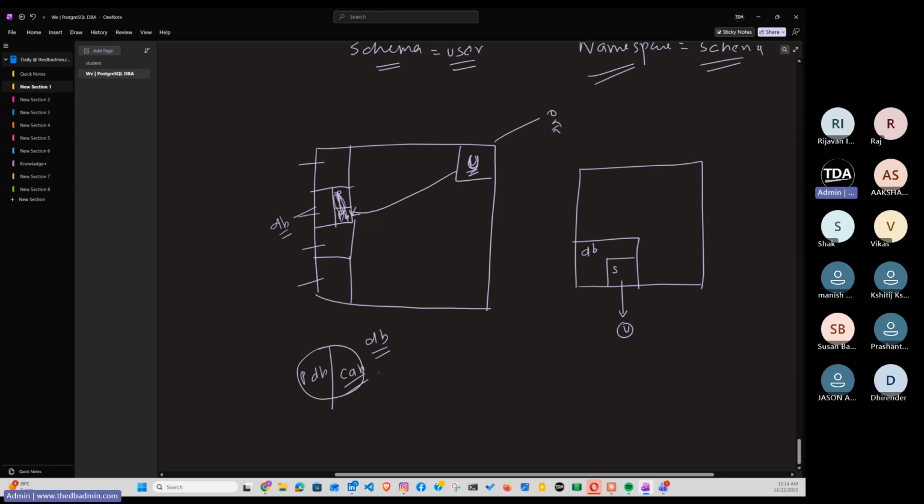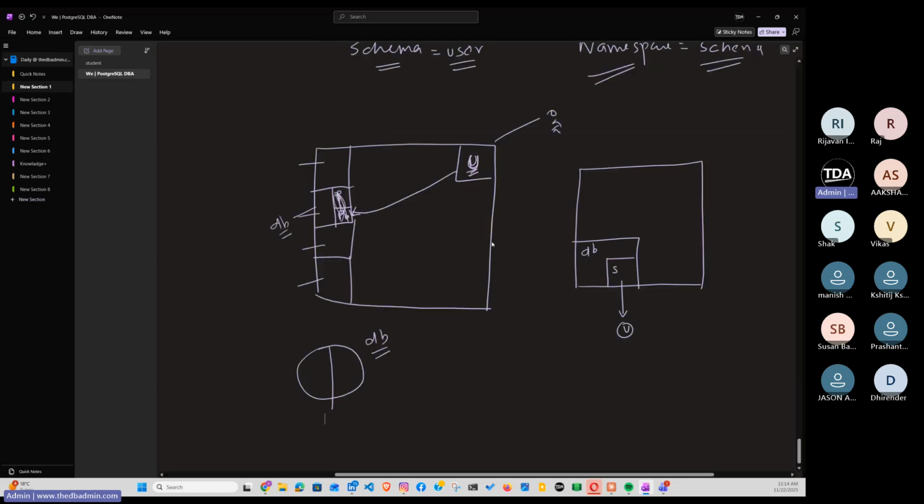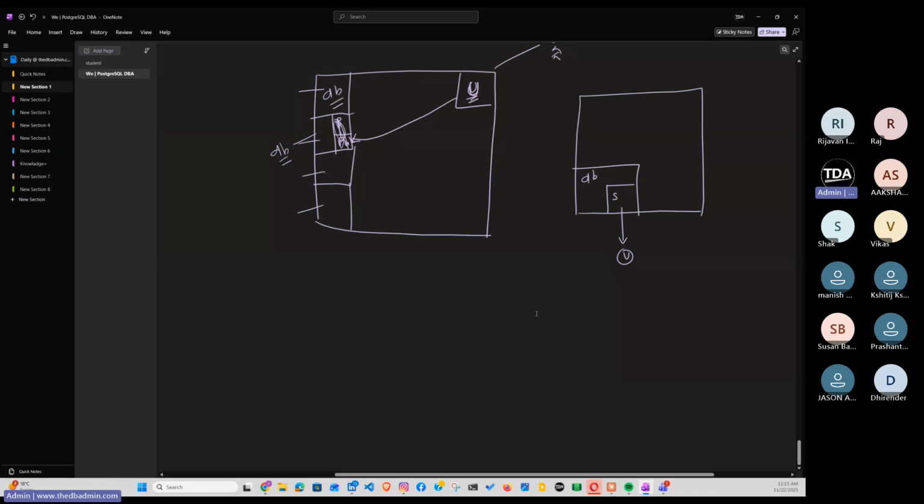Those kinds of concepts do not exist in Postgre. So don't refer to all those things. Simply consider that I'm talking about a logical part of my database. This is my database and it has tables and objects. I'll talk about objects also, what objects are and all those things. But don't get confused. PDB, CDB is completely an Oracle concept. Here we have a simple database. No other layers, no other logical differentiation. Make sense?